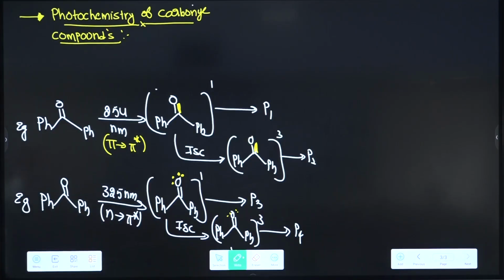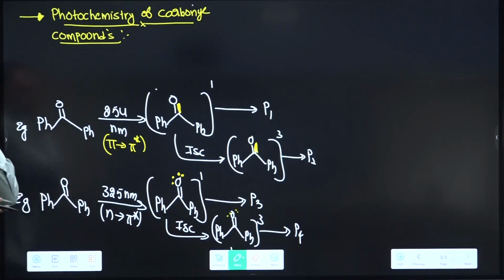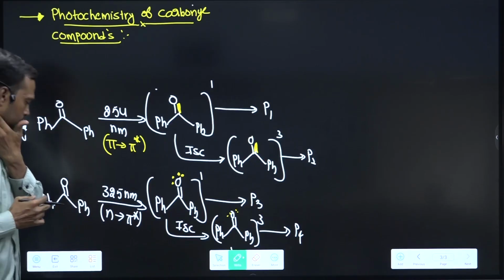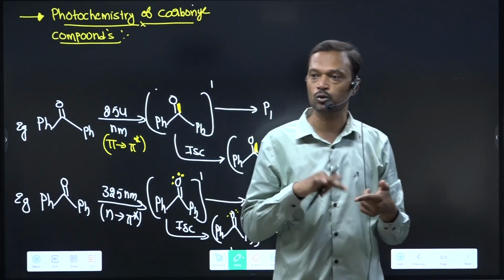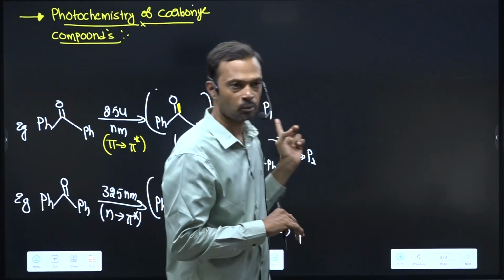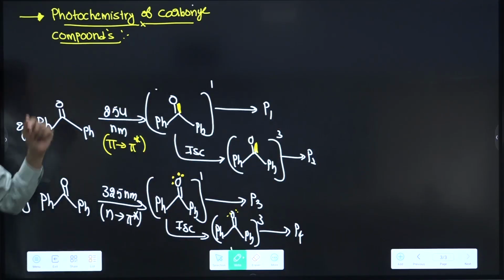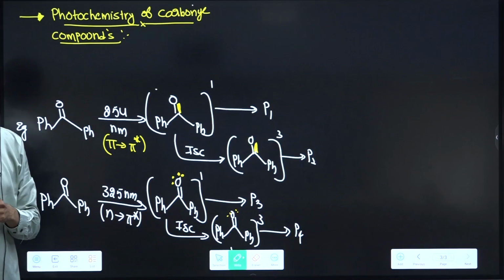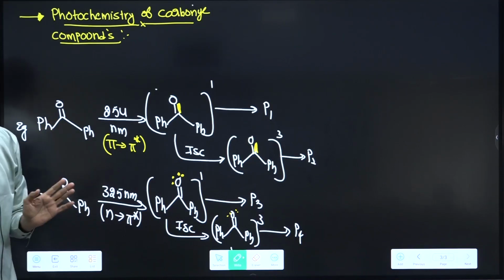Photoreduction, Paterno-Buchi reaction, Norrish 1, Norrish 2, everything will be most important. So up to here, whatever concepts we learned are all important for both UV as well as photochemistry. Each and every point is important. Be prepared. So now we are learning carbonyl compound photochemistry, then photochemistry of olefin, photochemistry of benzene, and some miscellaneous photochemistry of some selective functional groups. Okay?